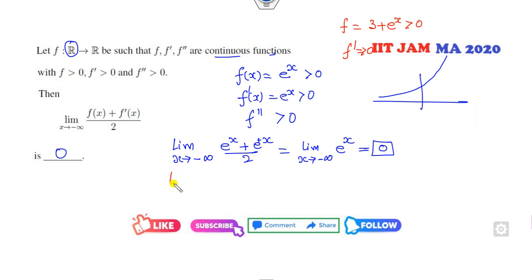If you substitute, it will be 3 plus 0, which is 3. If you consider f as 7 plus e raised to power x, your answer will be 7. So you can take any number between 0 and infinity as the right answer of this problem.